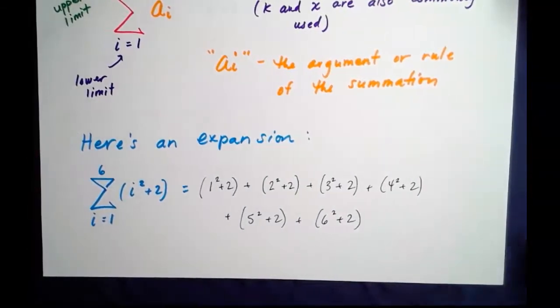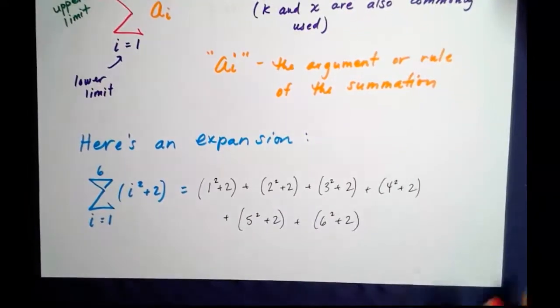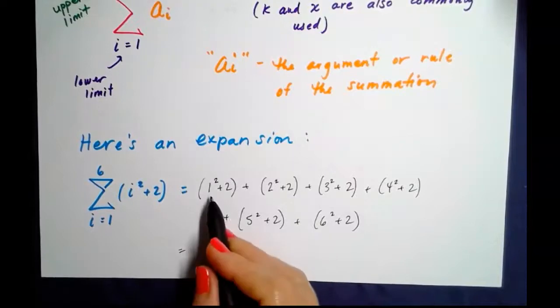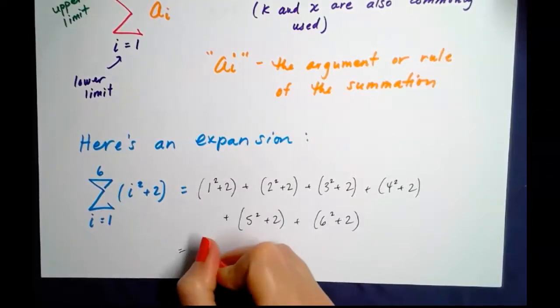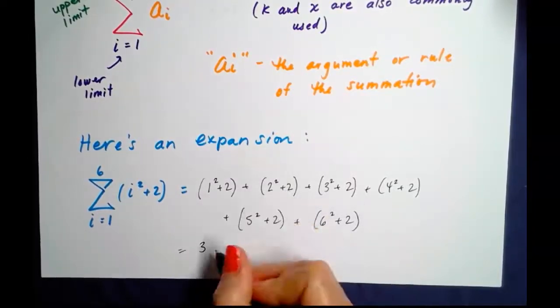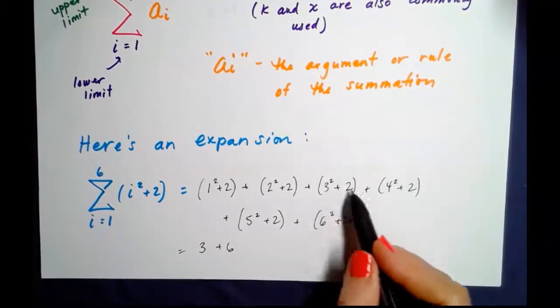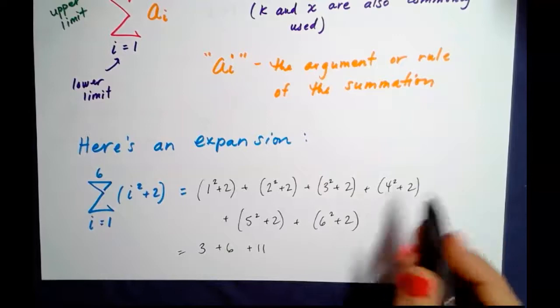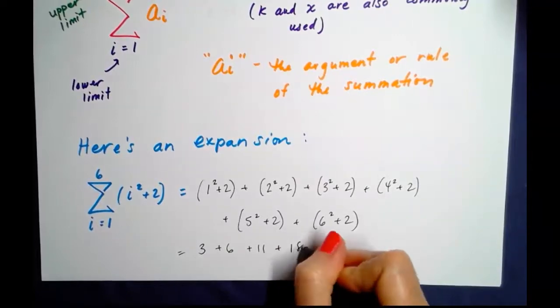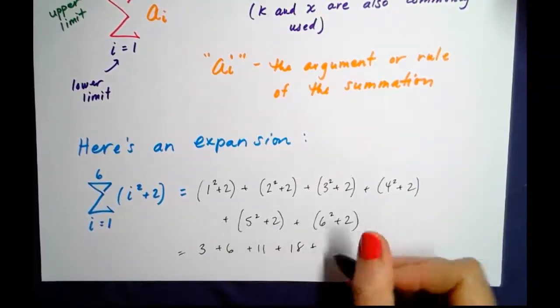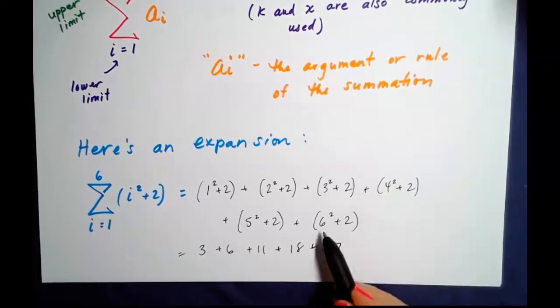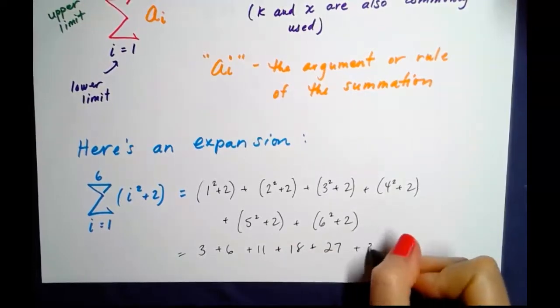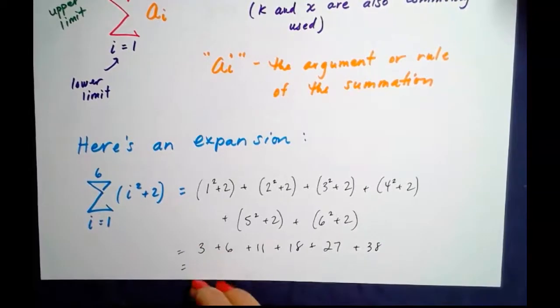Now we're going to carefully simplify using order of operations. So 1 squared is 1, 1 plus 2 is 3, 4 plus 2 is 6, 9 plus 2 is 11, 16 plus 2 is 18, 25 plus 2 is 27, 36 plus 2 is 38.